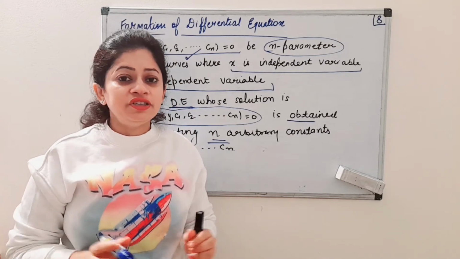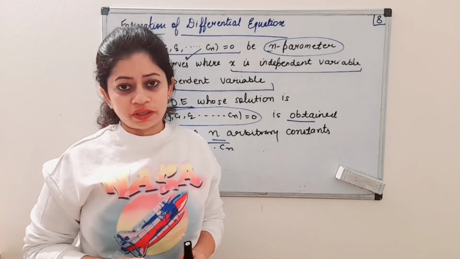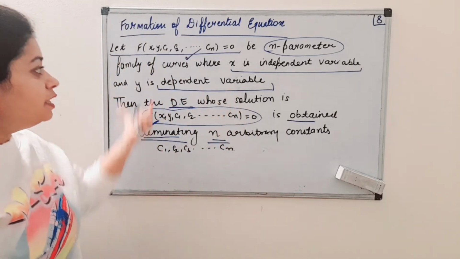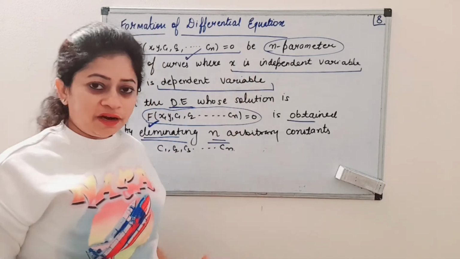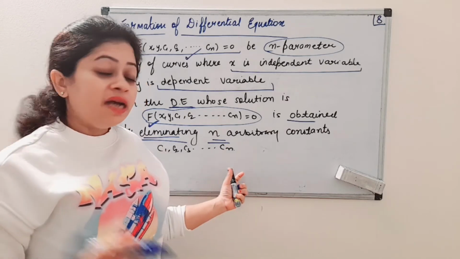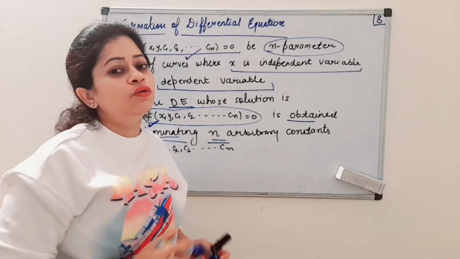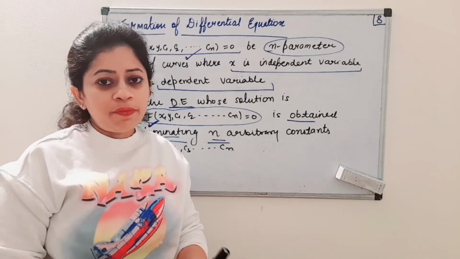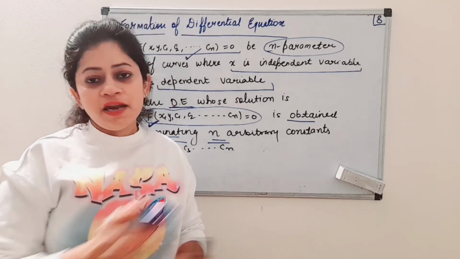Now the question comes, what is the method of eliminating those arbitrary constants? So now we will see how we will eliminate those constants. We will see the method first. You can make your notes, and after that we will see some examples of how we make those differential equations with the help of the solution, with the help of a family of curves with n parameters.